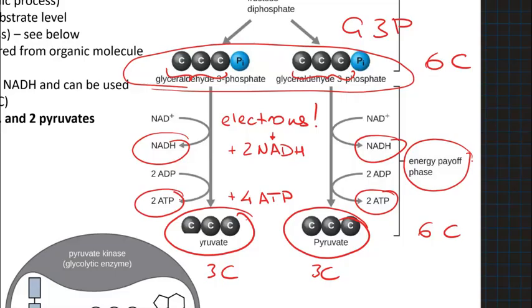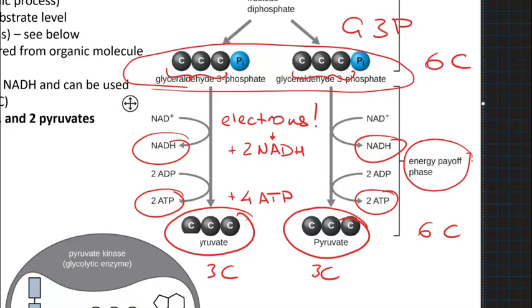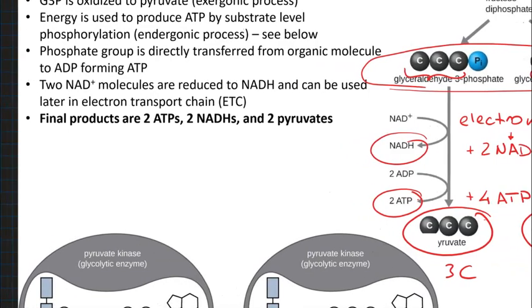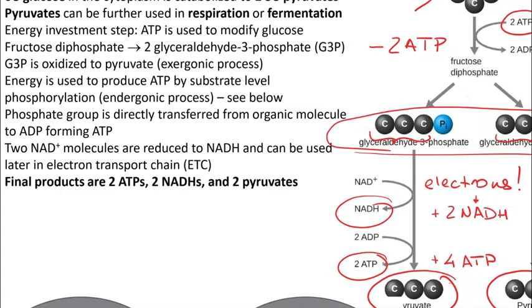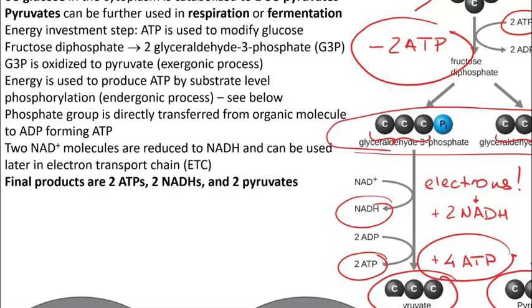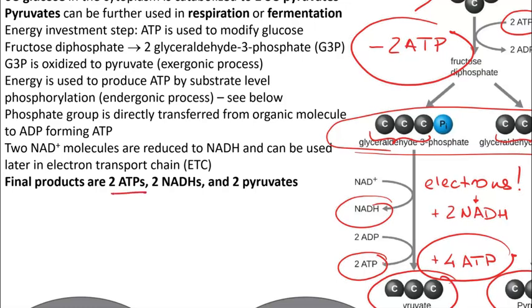And the net yield will be, first of all, how many molecules of ATP net? 2. Hear me out. We invested 2 in the beginning, right? We produced 4 at the end. So plus 4 minus 2. So we get 2 ATPs, 2 NADH, 2 pyruvates.